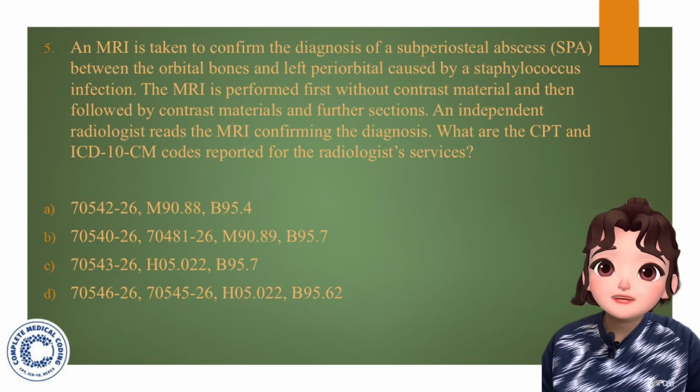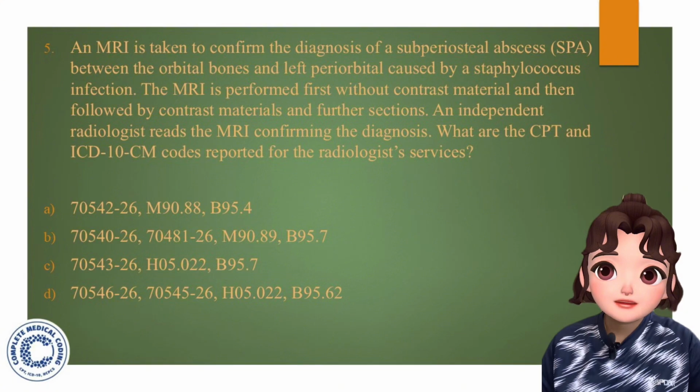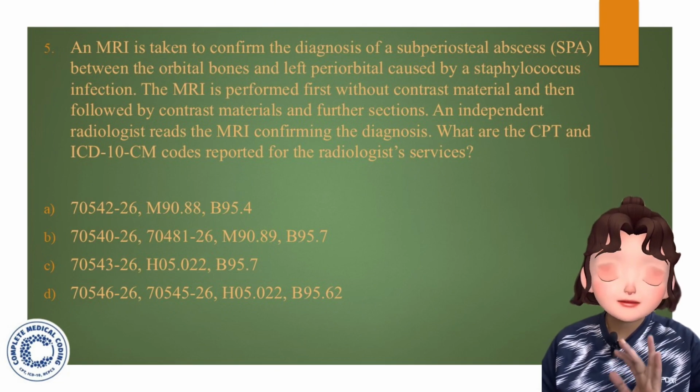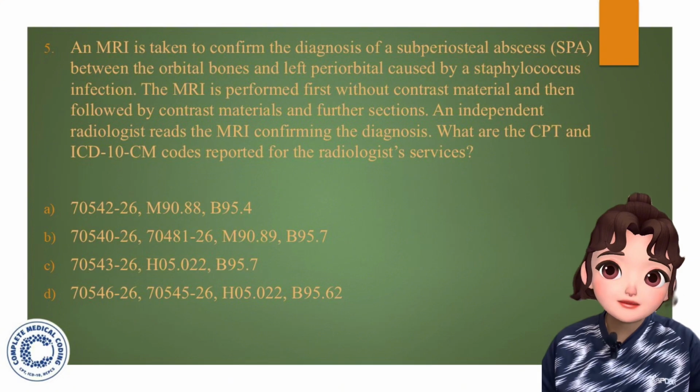What is the first CPT code? If you check the CPT codes, 70542, 70540, 70543, 70546. So the series is 70540 to 70546: 540, 542, 543 and 546. From that, we will find out which is the correct one.